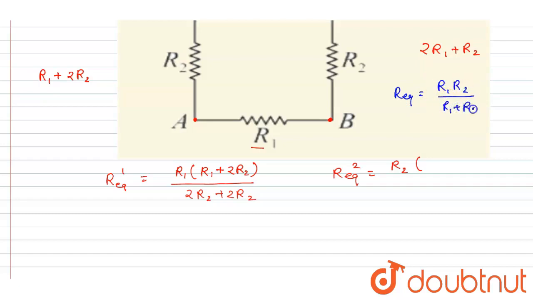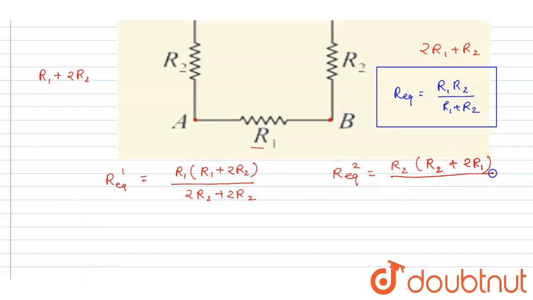So again, using the same formula, we can write down the R equivalent for the second case. It is R2 into R2 plus 2 R1, in division it will be 2 R1 plus 2 R2.